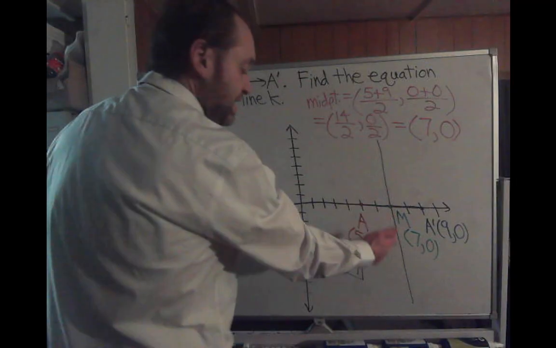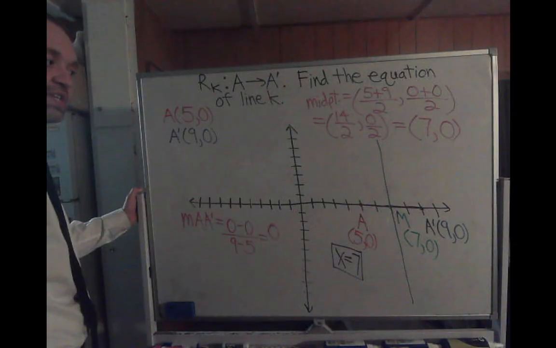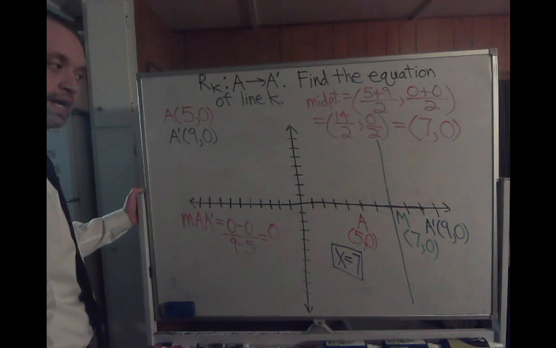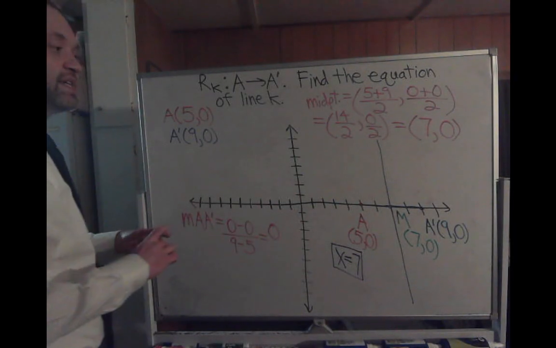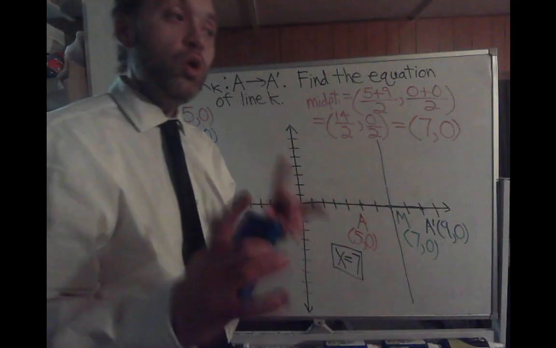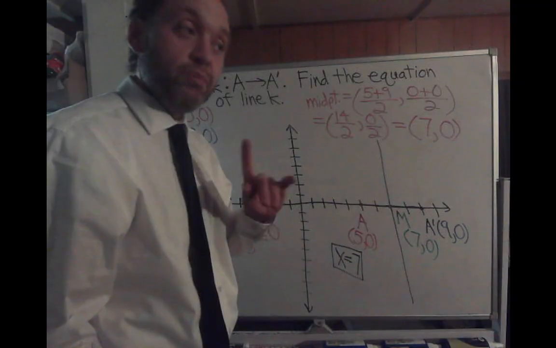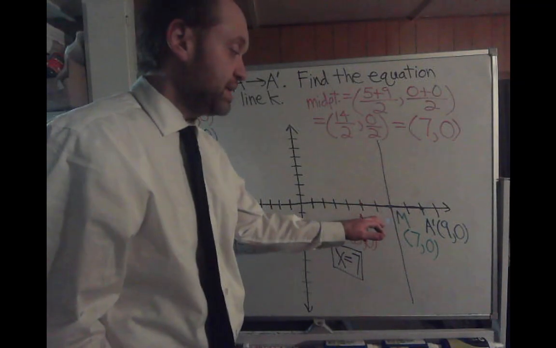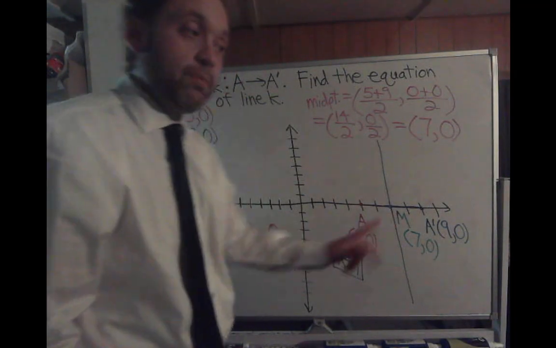So this line x equals 7 would almost function as your y-axis. It would function the same way since it's a vertical line. So this proves that you can have symmetry in other lines, and that the line of symmetry will always be perpendicular. It'll be the perpendicular bisector of the segment that joins your A and A prime.